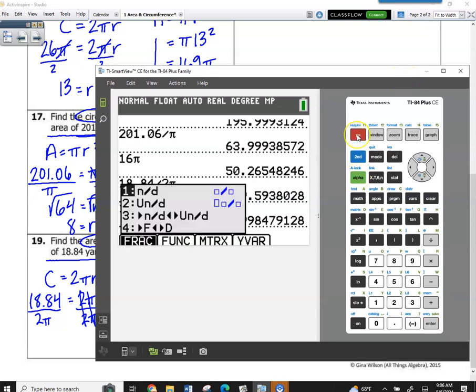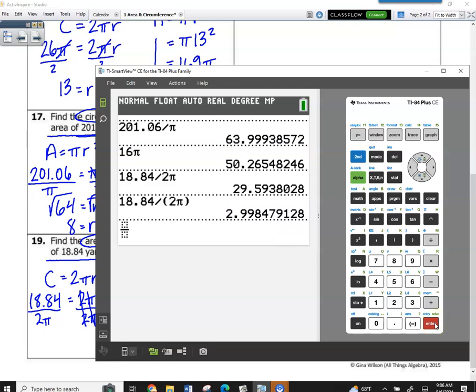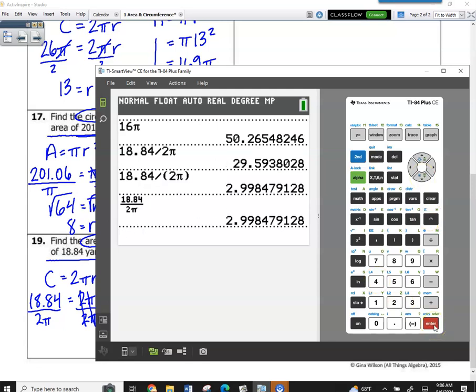Alpha y equals, fraction mode, and then I end up typing it in exactly how I wrote it on my paper. 18.84, arrow down, 2 pi. And you'll get the correct answer either way. So be careful there, okay?